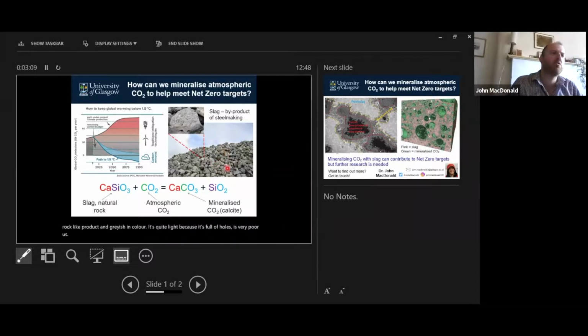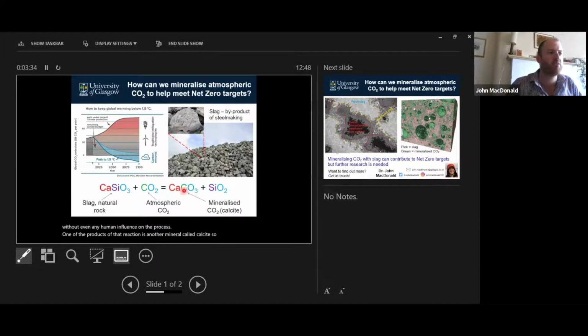And slag is also quite a chemically reactive material. And so CO2 gas will quite happily react with slag, which is made of calcium, silicon, and oxygen. They'll quite happily react together without even any human influence on the process. And one of the products of that reaction is another mineral we call calcite, calcium carbonate.